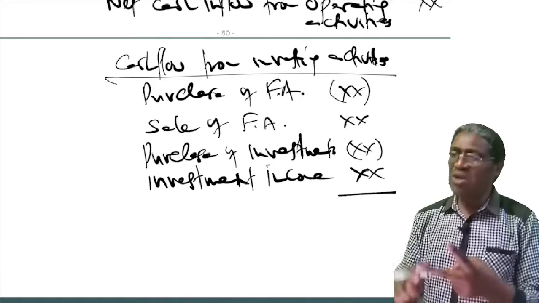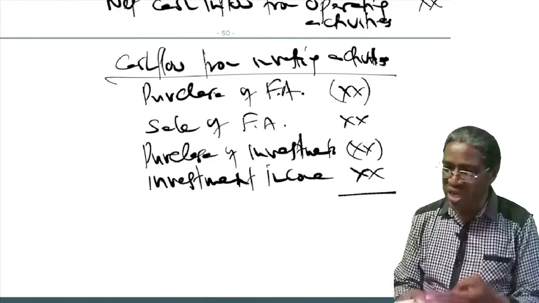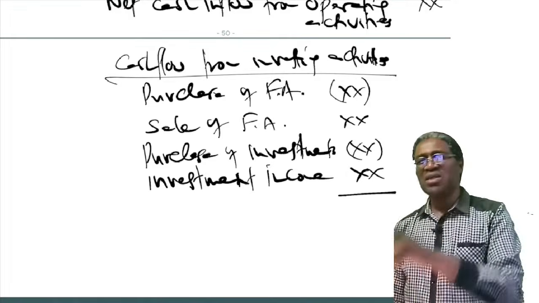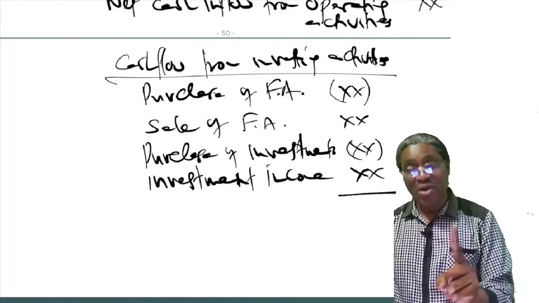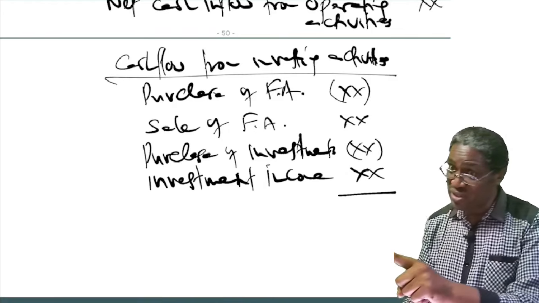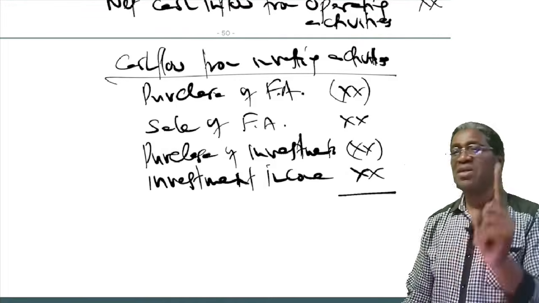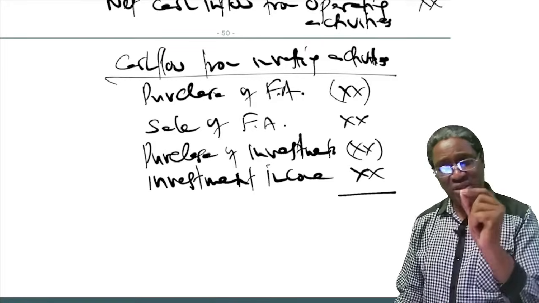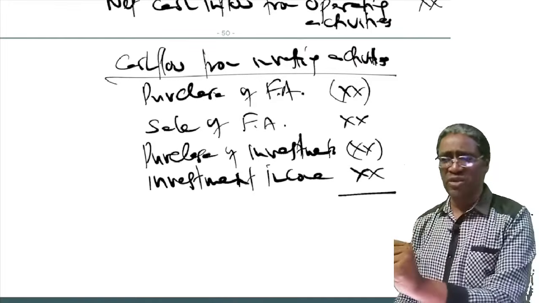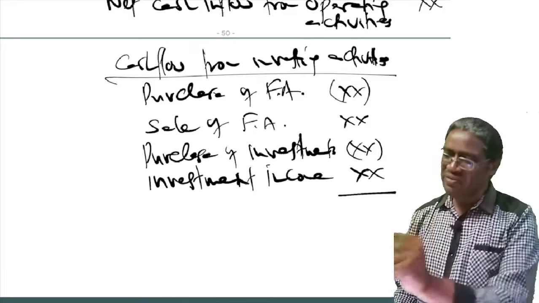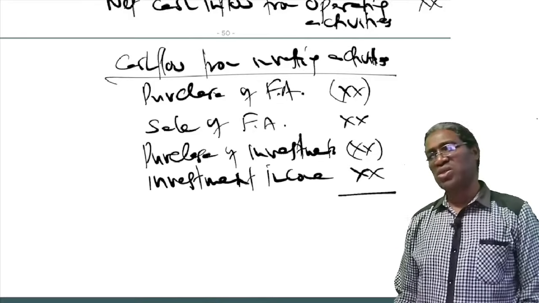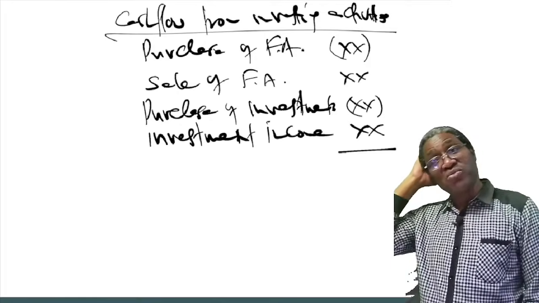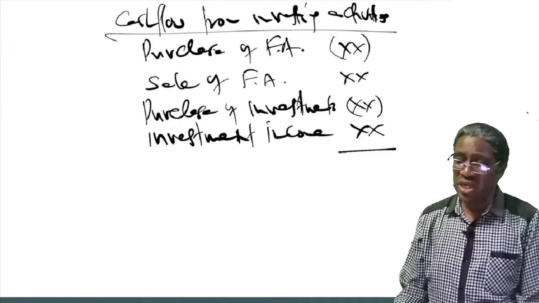You're buying motor vehicle, selling motor vehicle, buying furniture, selling furniture, buying land, selling land, buying investments, or even selling investments, so long as they are fixed assets. Then, if you are receiving an income from your investment, that investment income should be considered as an investing activity. Good. There are normally not many in a question.